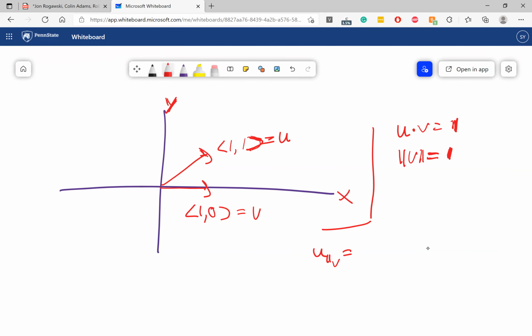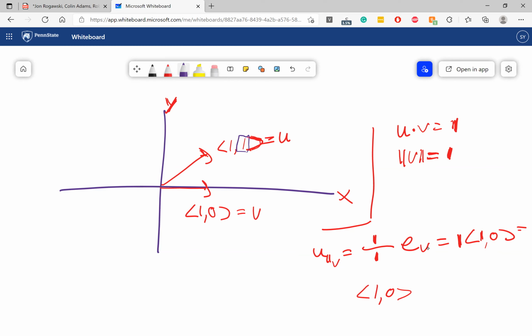So this is going to be 1 divided by 1 times V, but V is already just 1, 0. I is already the unit vector in the direction of V. So that's just going to be 1 times I, which is 1, 0. So that will be your projection, which makes sense. It's kind of like you're just ignoring the Y component.